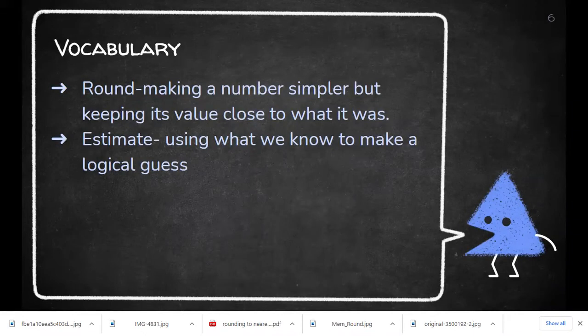Some vocabulary we need to know prior to starting this lesson: what does round mean? Round means making a number simpler, but keeping its value close to what it was. An estimate is using what we know to make a logical guess.